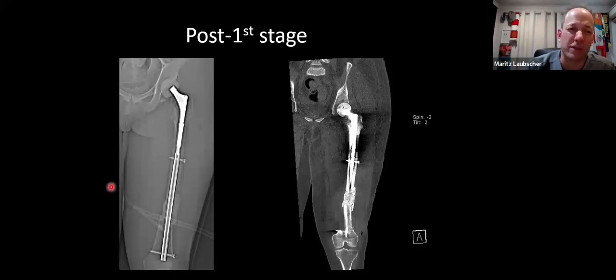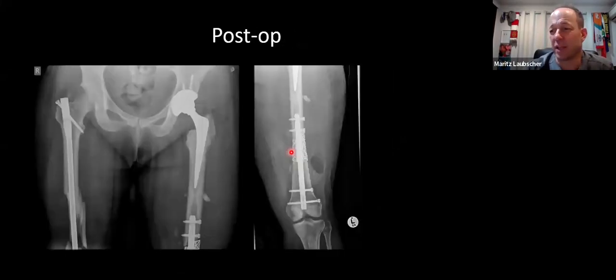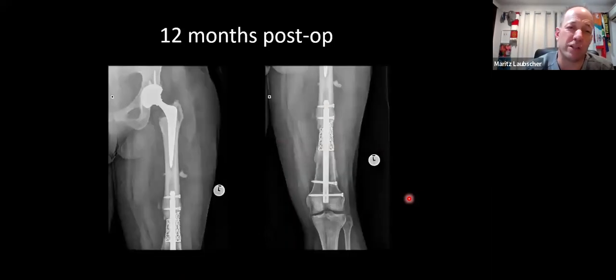Can't see it so well on the scout CT, but we wedged the spacer of the total hip into an AO slotted nail, drilling locking holes in there so that we can lock it and cover it in cement, and then just a cement spacer, and then planned our second stage, which was basically a cemented total hip replacement on the top, and an old supracondylar retrograde nail that's not really available anymore, but we managed to source one across that area. So she did well initially, infection free, and she's more than 12 months now and clinically doing very well, but time will tell, like I said.